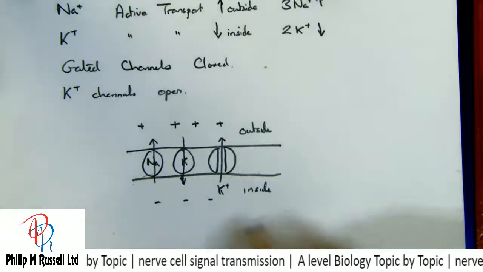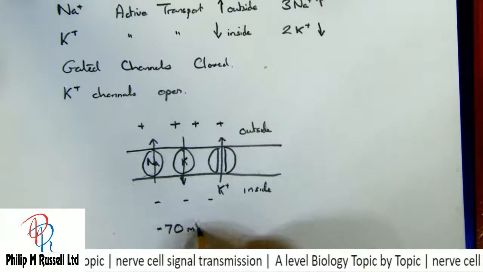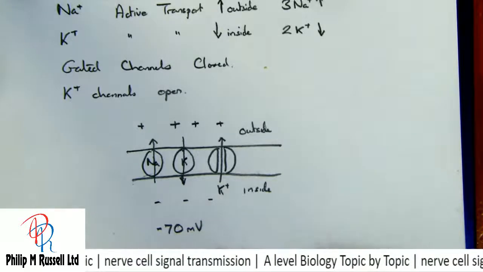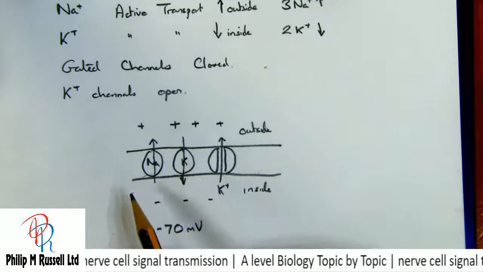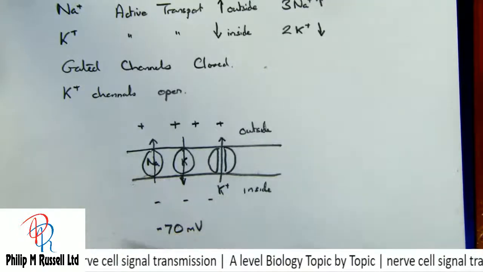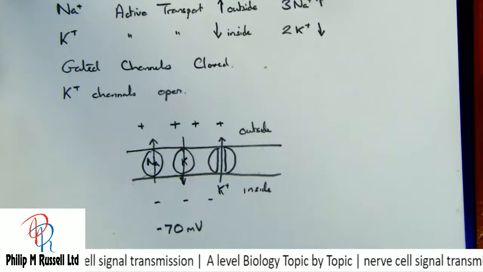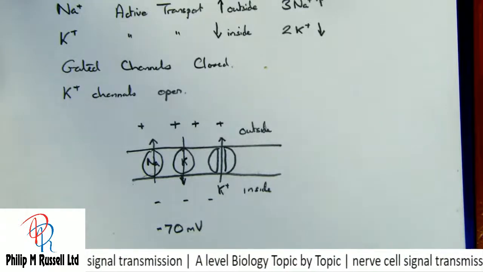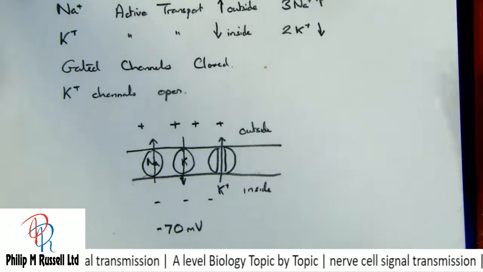As I said, this is about minus 70 millivolts, comparing the inside with the outside. And this is how a nerve is resting. It's just sitting there waiting to fire.